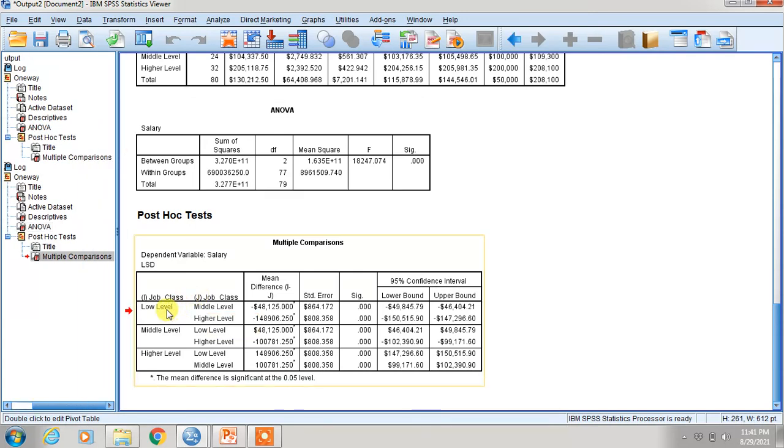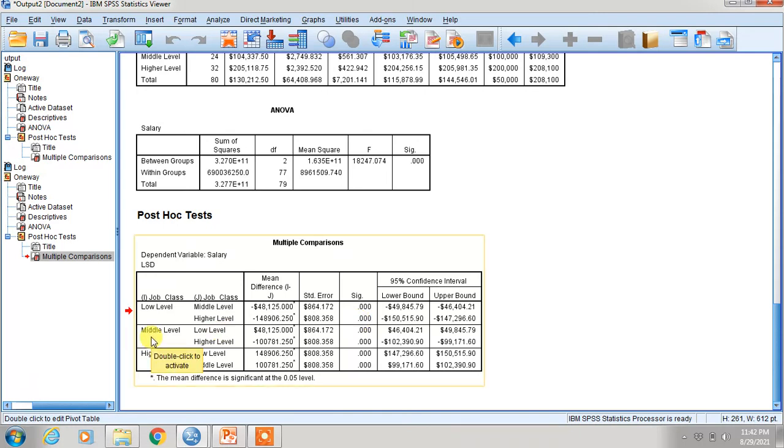Now you can see that for low level versus middle level, the p-value is significant, which shows that the salary at the low level and middle level is not the same. The alternate hypothesis will be accepted. Similarly, low level versus higher level, again the p-value is significant, which shows that the salary at the low level and higher level is also not similar.